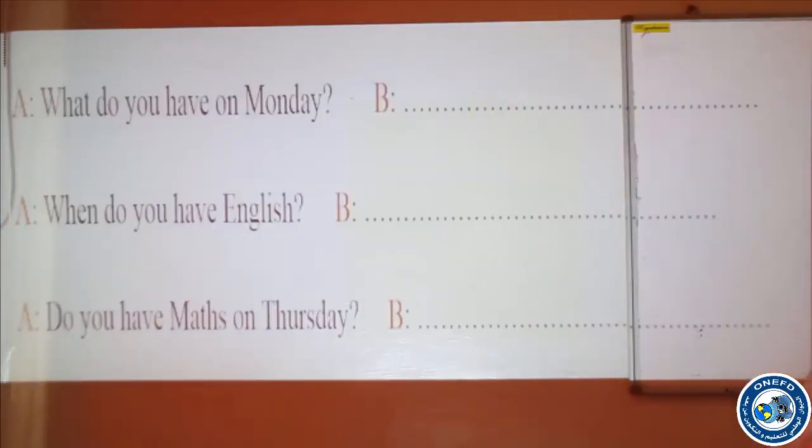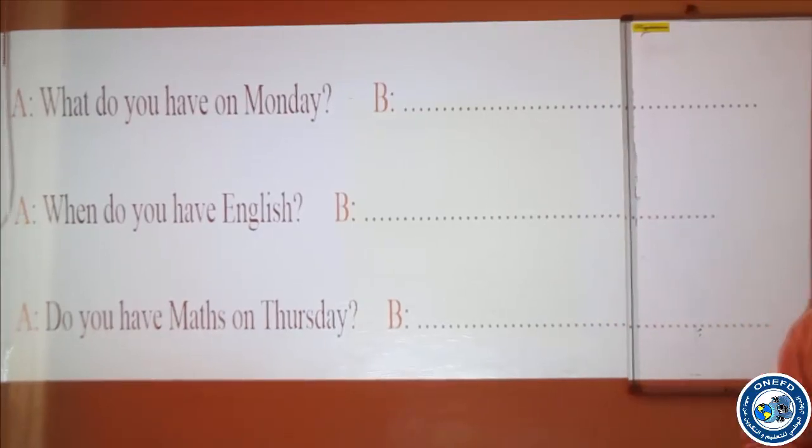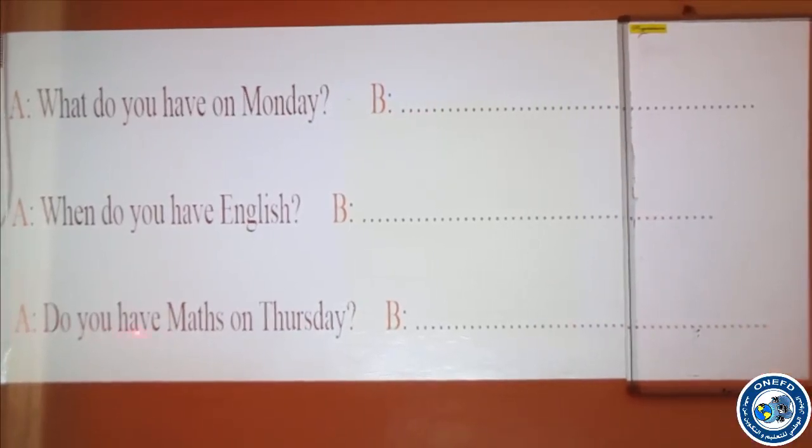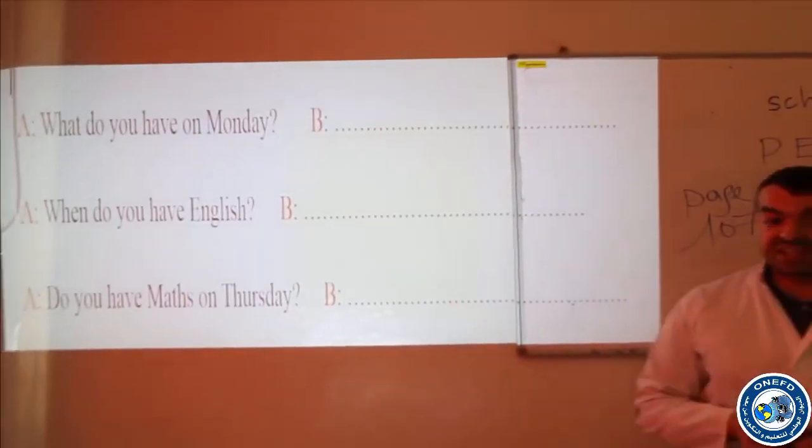Number 2, when do you have English? When? Which days? The last one, you have a direct question. It means you answer with yes or no. Do you have maths on Thursday?